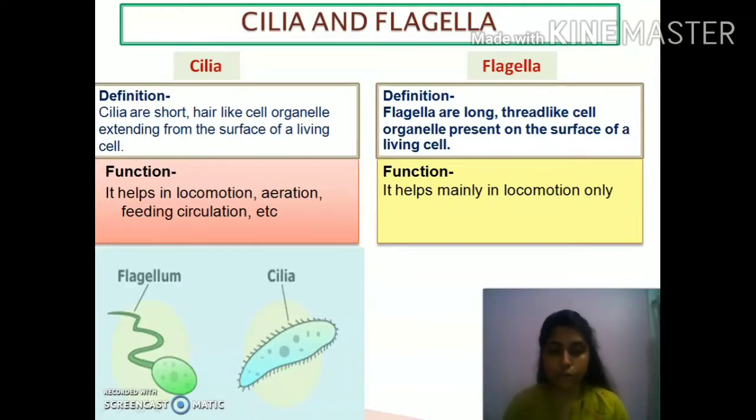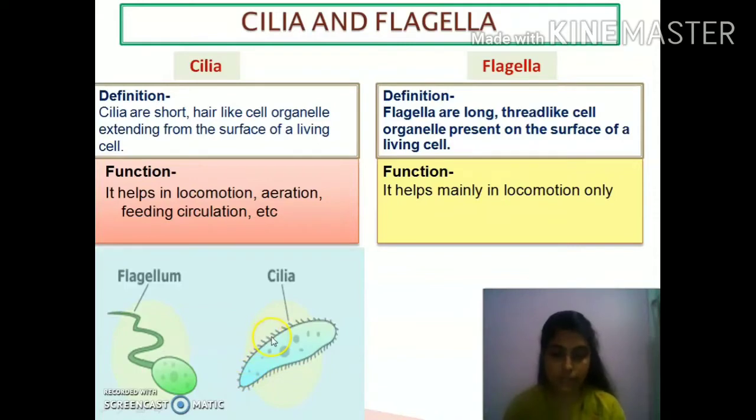At the very beginning you can see that the definition of cilia is given. Cilia are short hair-like cell organelles extending from the surface of a living cell. Here is a diagram. You can see very small hair-like structures around the entire cell.